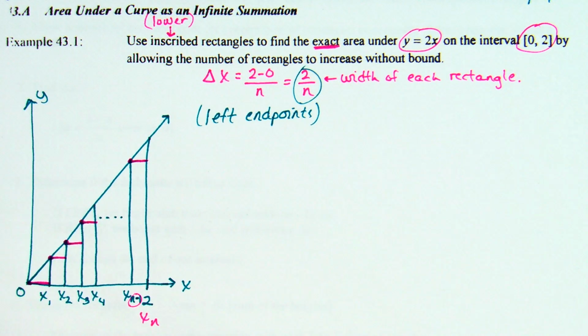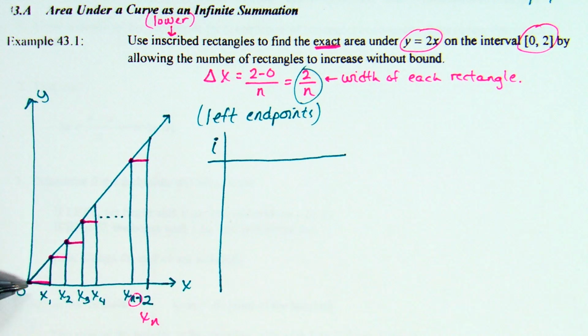So my i values are those subscripts. So we go from 0 to n minus 1. Again, if it was right, we'd change that up slightly. But since they're left endpoints, it's 0 to n minus 1. What we need to find is what I'm going to call x of i. And this x of i is what we will use to plug into our equation.